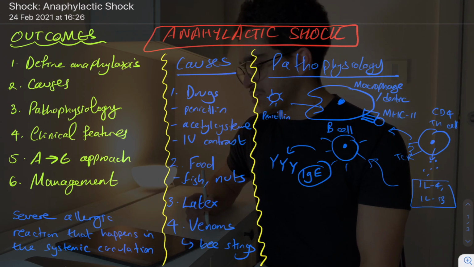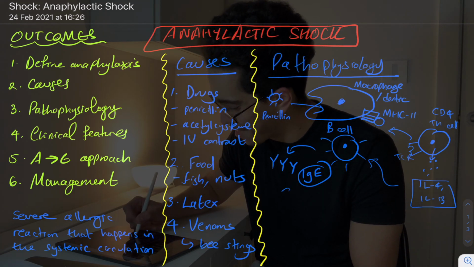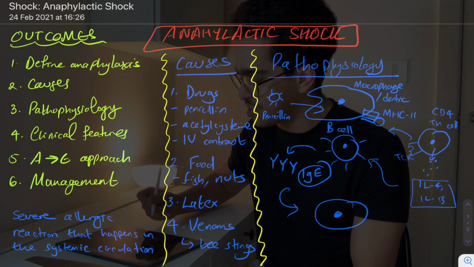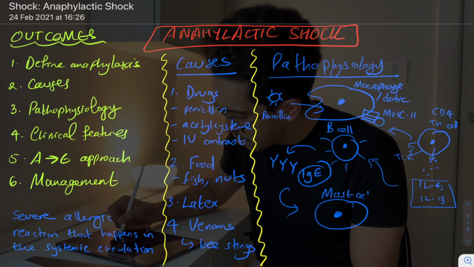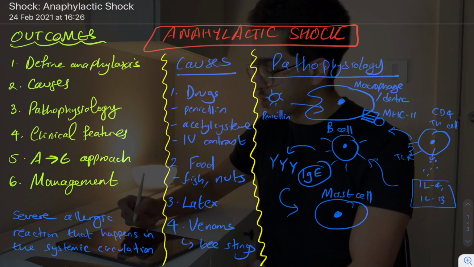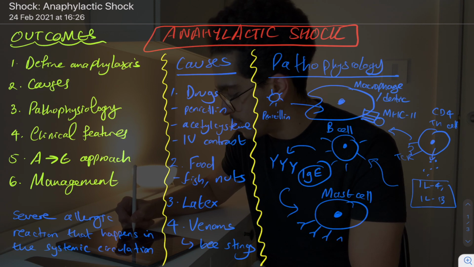What will these IgE antibodies do then? The IgE antibodies are gonna go to a specific type of immune cell. This is gonna be a mast cell. What is the IgE antibody going to do when it goes to the mast cell? It's gonna bind to the surface of the mast cell.